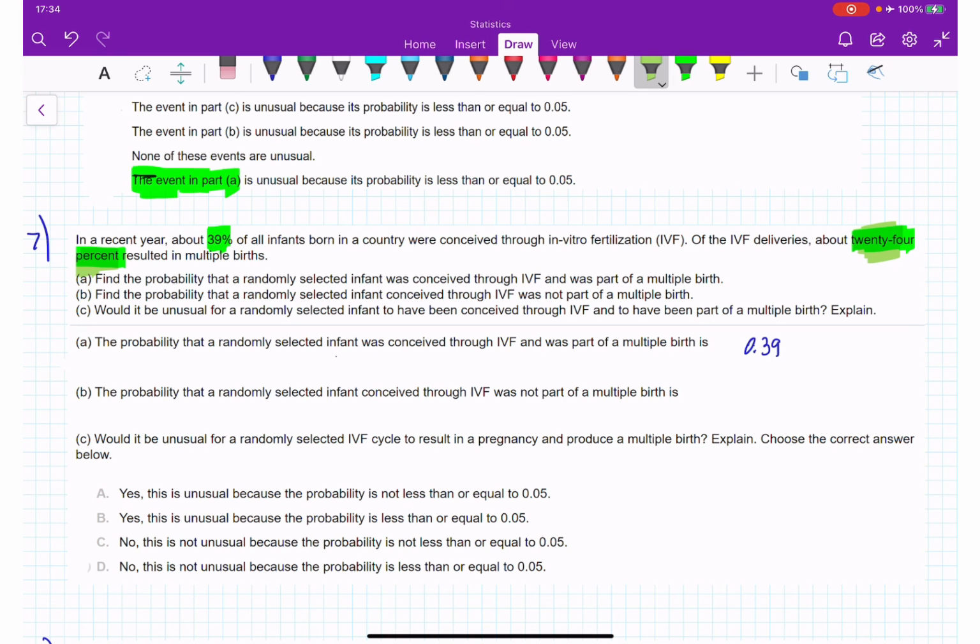Of the IVF deliveries, about 24% resulted in multiple births. So this is going to be times 0.24. And the answer is going to be 0.094.